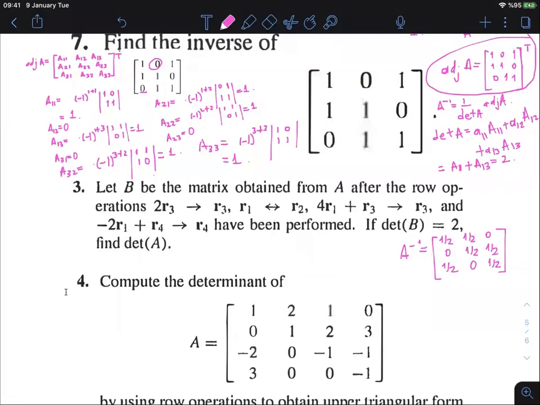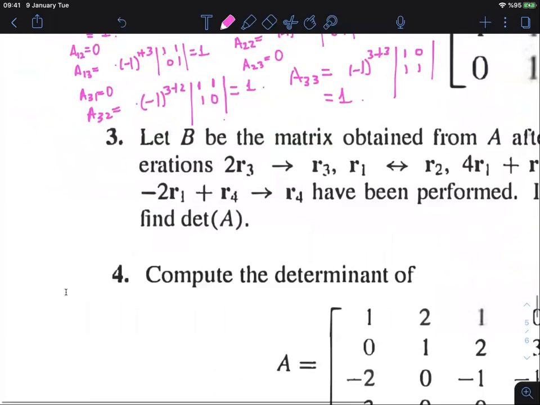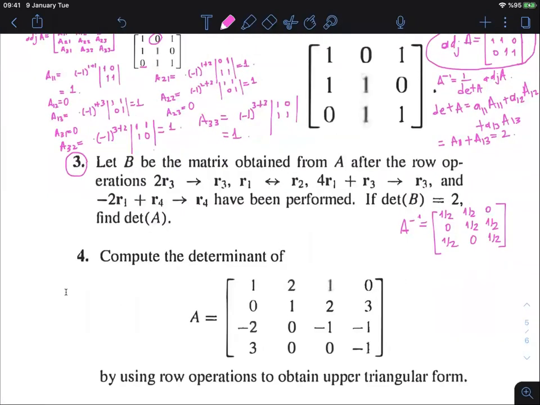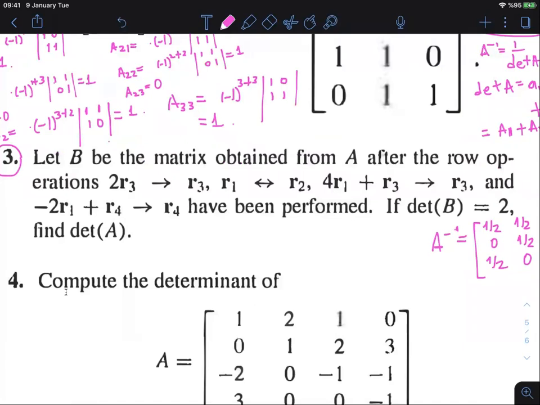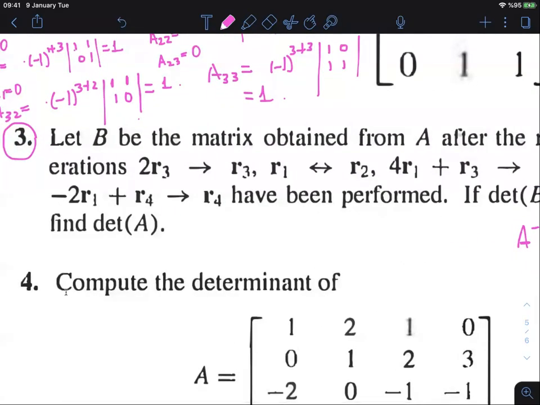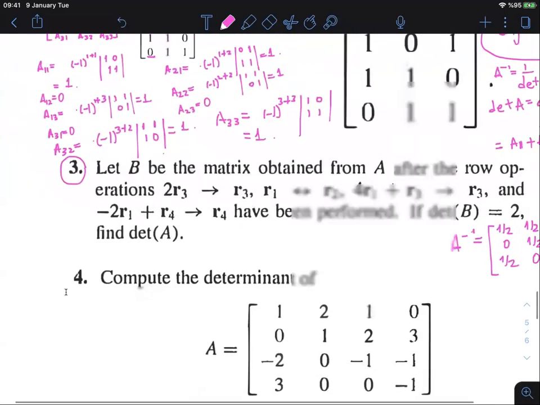Okay, so let's look at this guy, number 3. Let B be the matrix obtained from A after the operations. If determinant B is 2, find determinant of A. So how do we do this one? Now, in the first step, we're using row operations.